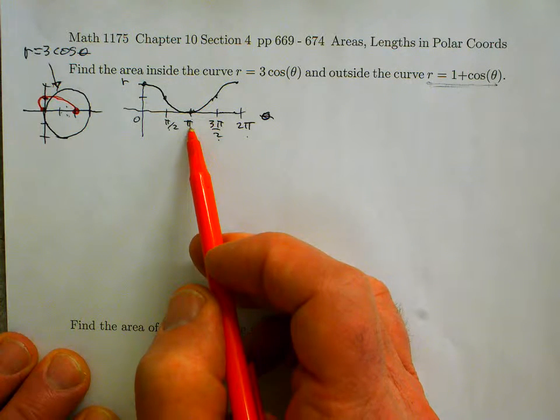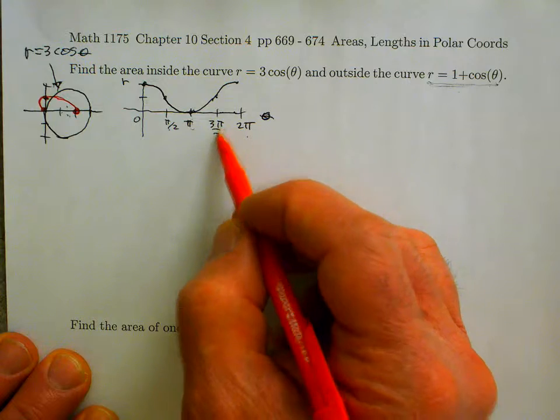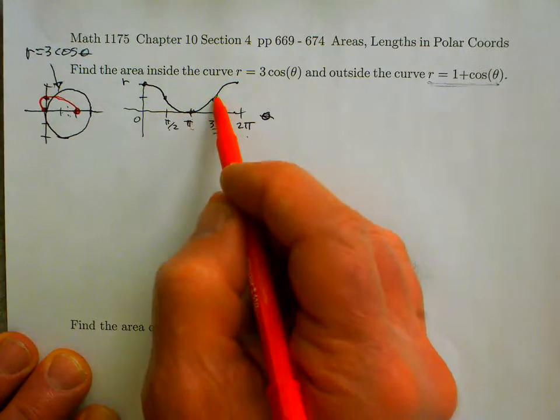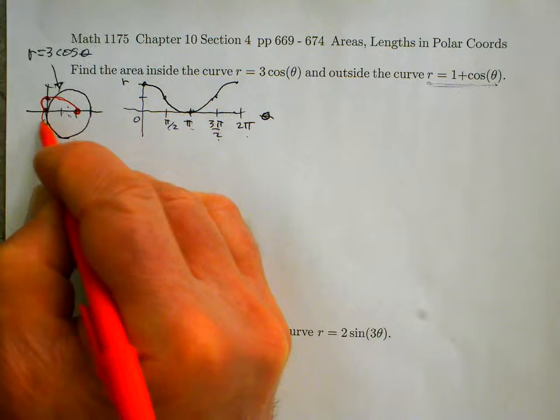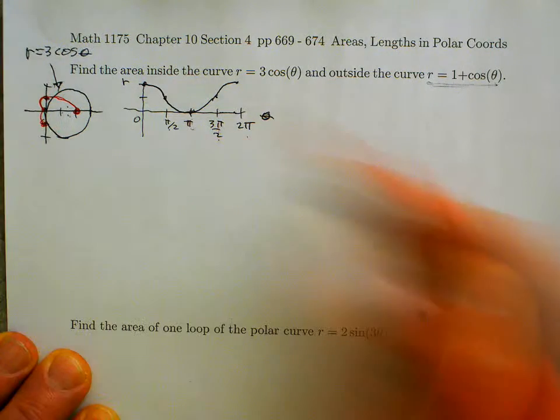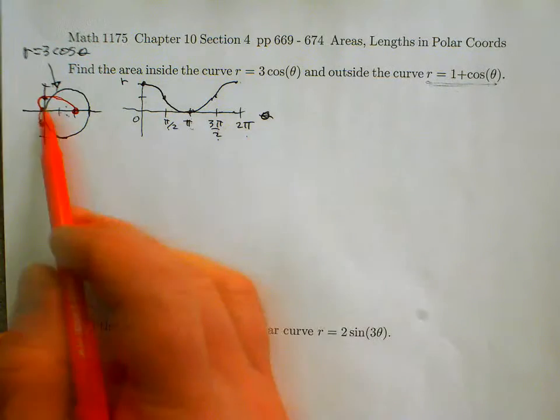Then between pi and 3 pi over 2, at 3 pi over 2, the r value is 1, so it's down here. And then at 2 pi, it's back to 2.